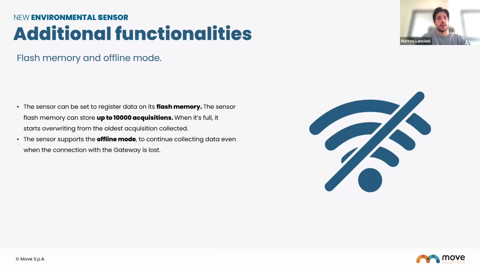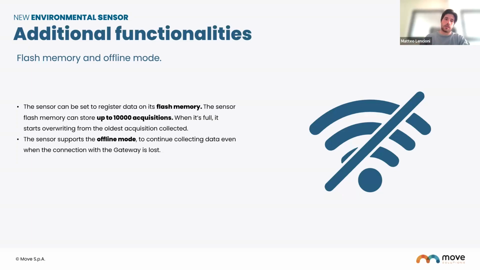Additional functionalities: the sensor can store data on its flash memory, and it can also work when offline. You can activate a specific working mode so that, in case the gateway goes offline, because of course you need a gateway between the sensor and the servers, the sensor will keep detecting and providing acquisitions.